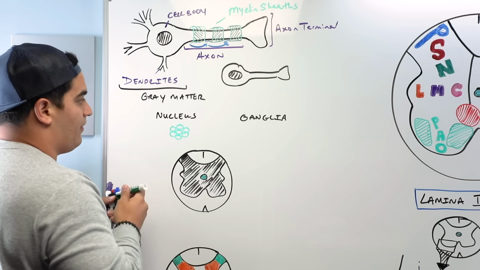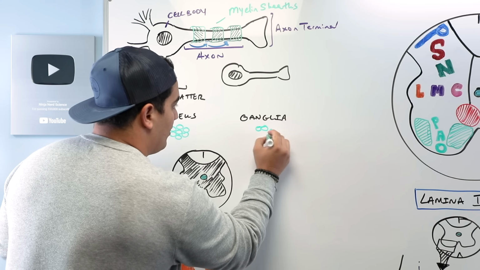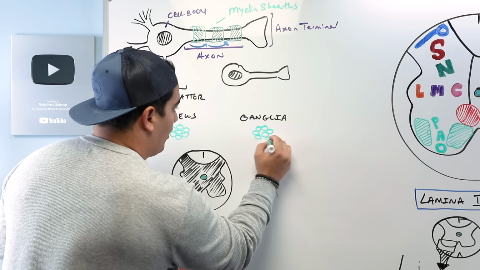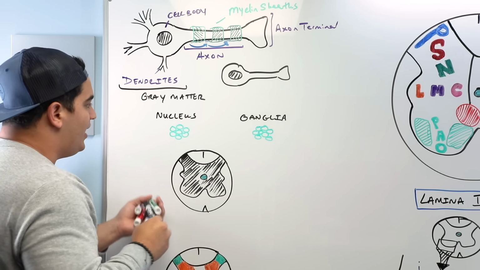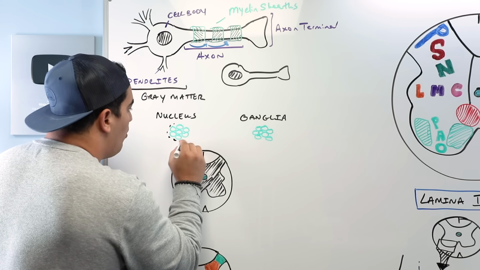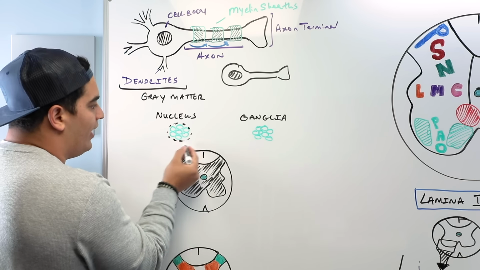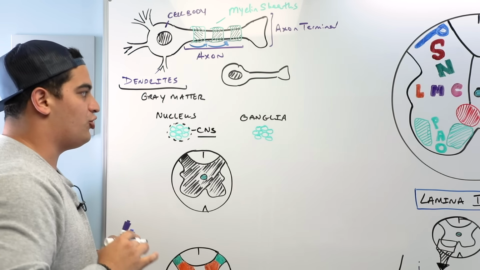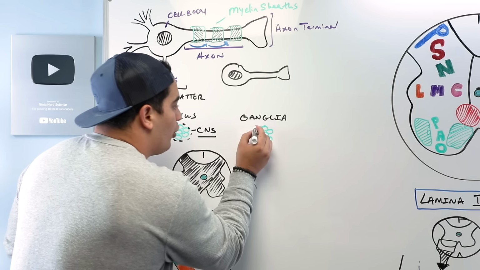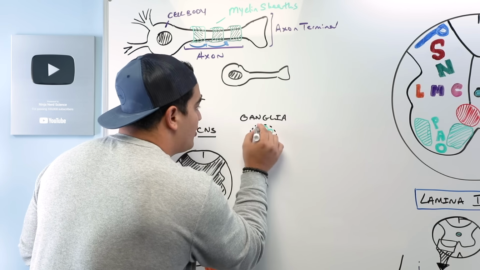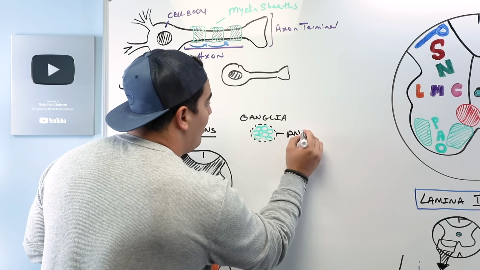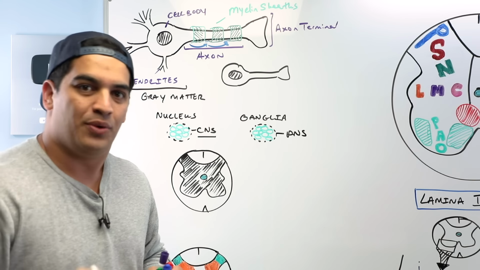And this is the cell bodies of our neurons. This clump, this whole group of cell bodies in the central nervous system is referred to as a nucleus. The group of cell bodies which are clustered together in the peripheral nervous system are referred to as a ganglia.